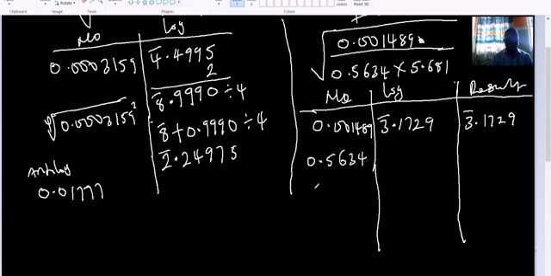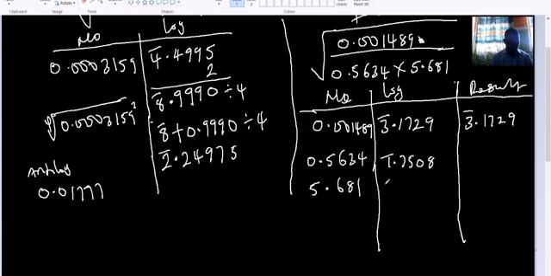So you come down to 0.5634. You have 5.681. So here you are going to have bar 1. So what is the log of 5634? Here you will have 7508.